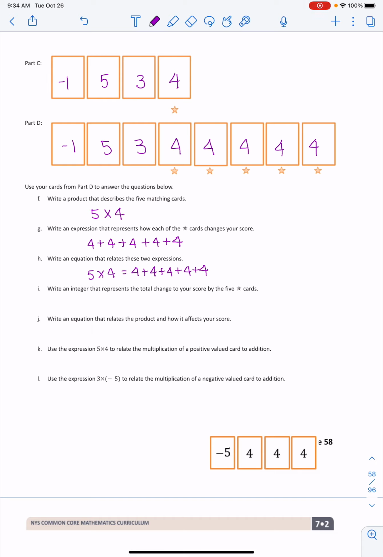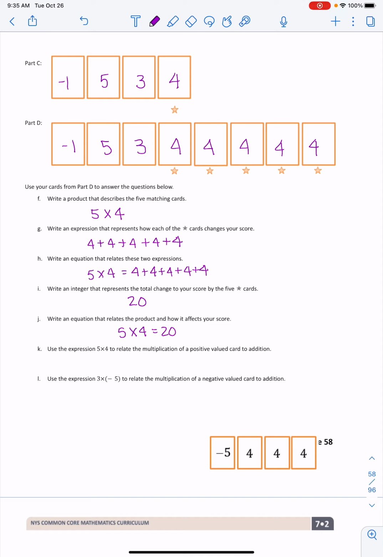So it says, write an integer that represents the total change to your score by the 5 cards. Well, that's going to be 20. And it says, write an equation that relates the product and how it affects your score. Well, 5 times 4 equals 20. Then it says, use the expression 5 times 4 to relate the multiplication of the positive valued cards to addition.